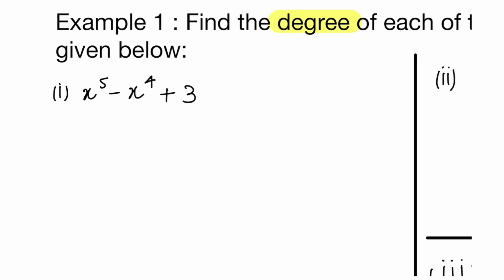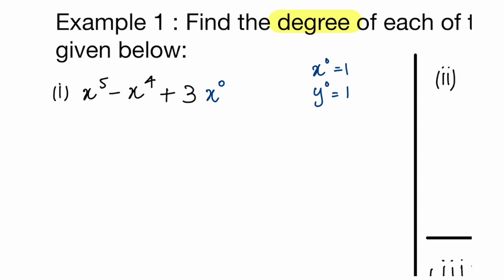Now if we take this polynomial expression, we have exponents here. X power 5, here the power is 5, the exponent value is 5. And we have x power 4, where the exponent value is 4. And 3 is a constant, but actually it is 3 times x power 0. You can consider it as x power 0 because, as we know from exponents, anything power 0 is going to give you 1, and obviously 3 times 1 is 3.